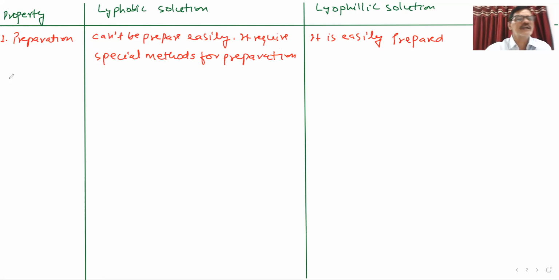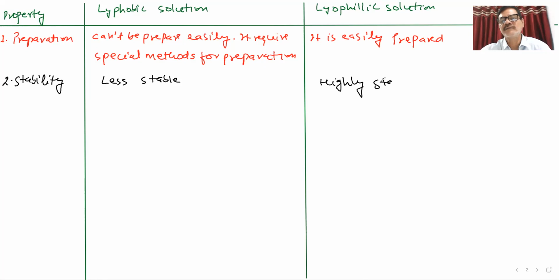After that, the second point is stability. It is less stable. This is highly stable. Third point of difference is reversibility.